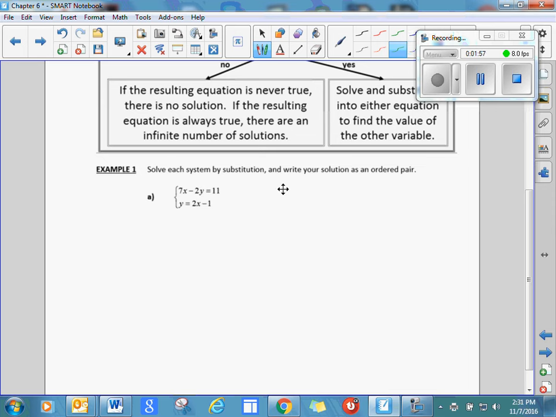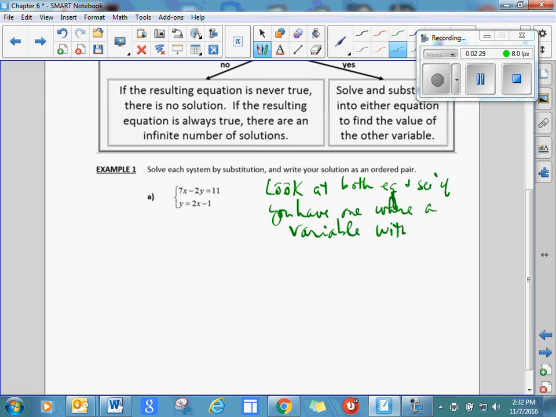And I'm going to write this down: look at both equations and see if you have one where you have a variable with no coefficient. So let's look over here.